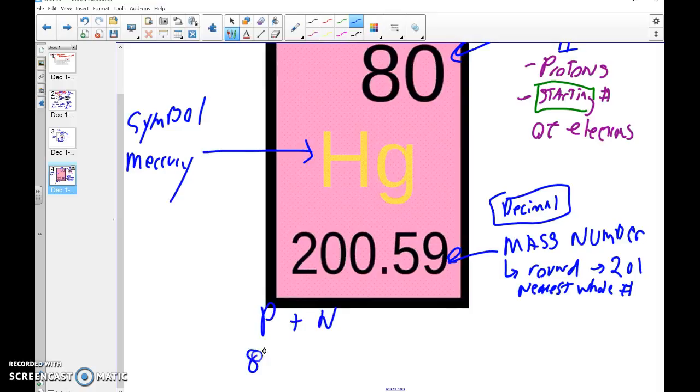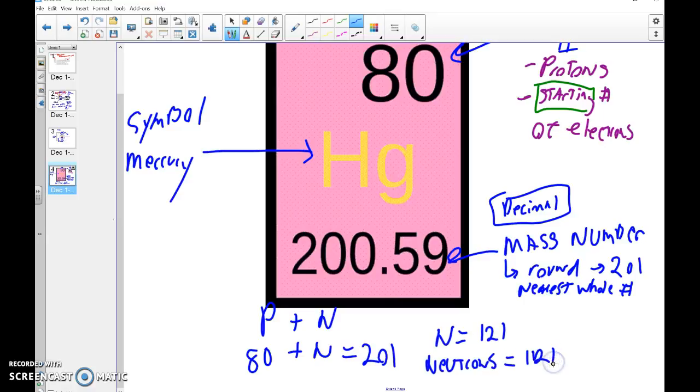So I know that I have 80. I don't know how many neutrons, but I know the mass number functionally is 201. And so 80 plus n gives me 201. So that means that n, which is the number of neutrons, is 121.